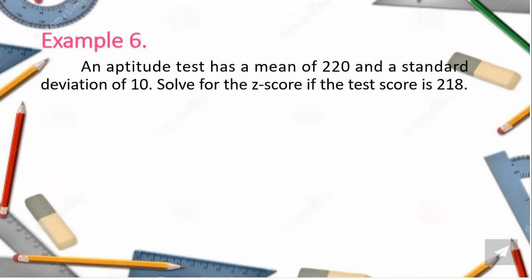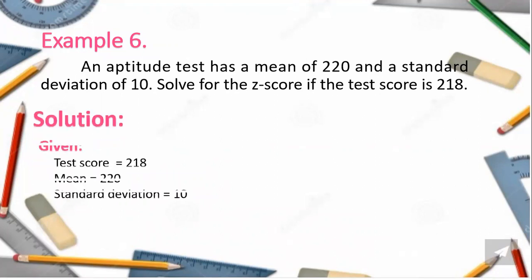Another example, an aptitude test has a mean of 220 and a standard deviation of 10. Solve for the z-score if the test score is 218. From this given problem, the test score is equal to 218 with a mean of 220 and a standard deviation of 10.